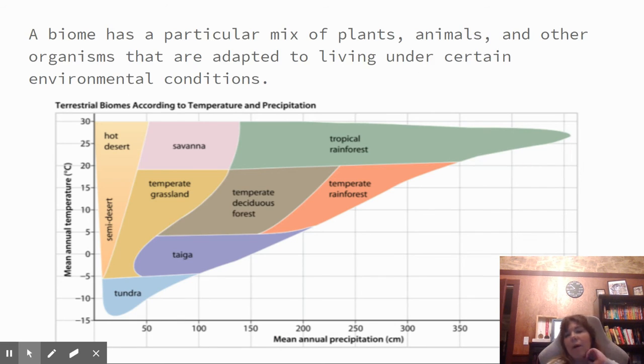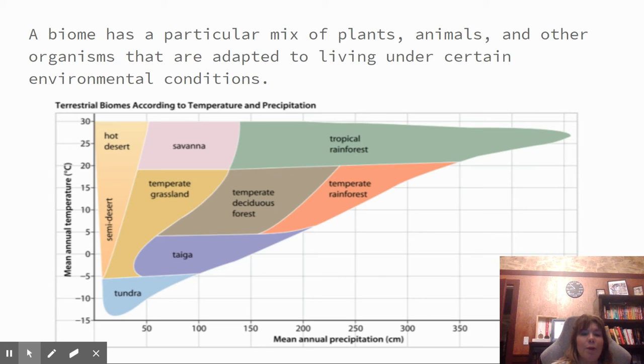So when it comes to biomes, we have a large variety. I've said this now that we're talking biosphere, which is the world, all of the 3 different parts that interact. But now the biome itself deals with the amount of rain and how hot it is. If we look at the particular mix of plants and animals and all the organisms living under those conditions, we can break our world into different biomes according to temperature and precipitation.